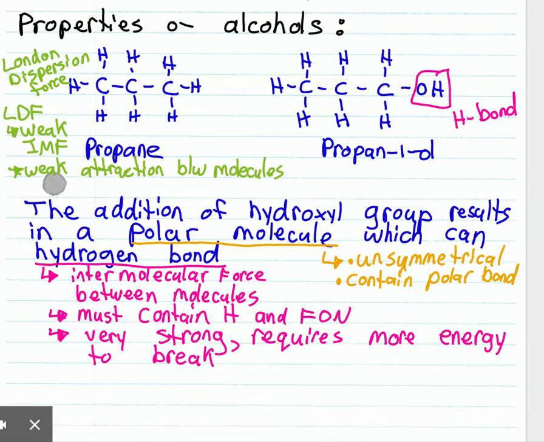The criteria for a hydrogen bond is that it has to have a hydrogen and a fluorine, oxygen, or nitrogen. So this propanol up here, it can hydrogen bond, whereas the propane cannot hydrogen bond. So this hydrogen bond means that this propanol is capable of hydrogen bonding with other propanols. So they're more strongly connected.